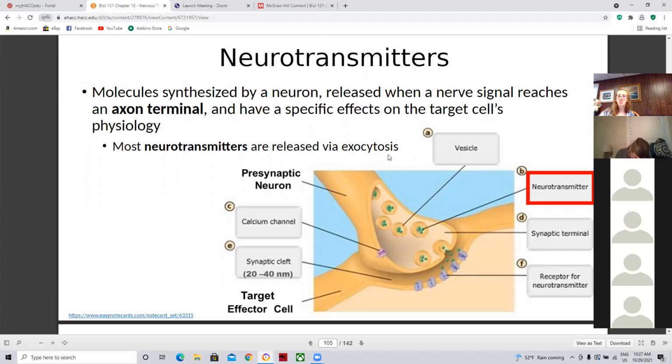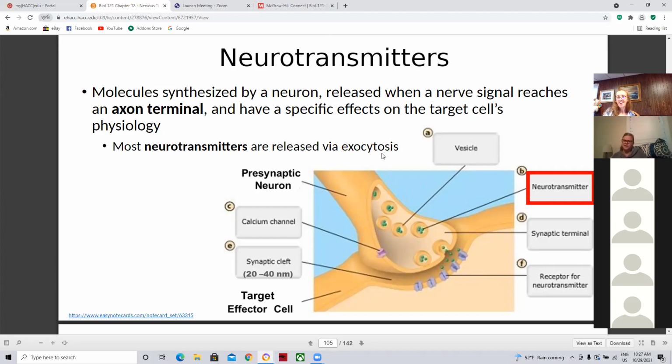What's exocytosis? Is it where they get rid of the vesicles?